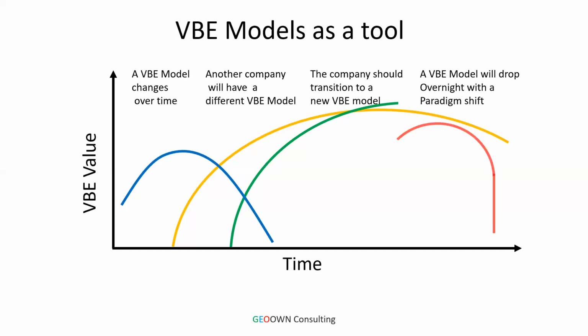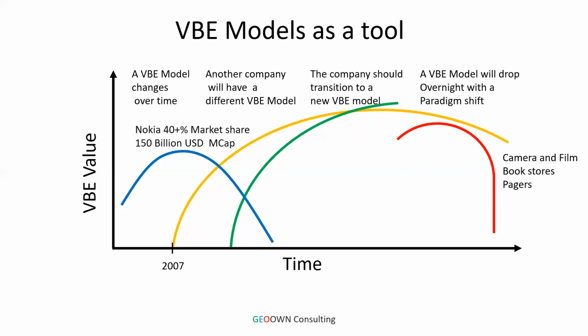Now, VBE models will drop overnight with paradigm shifts. We saw those cases of cameras and films and bookstores and pagers, when a paradigm shift happened and the whole market changed. The company we are discussing with the blue VBE model was Nokia in 2007, with a market cap of 150 billion US dollars and a 40+% market share of the mobile market.